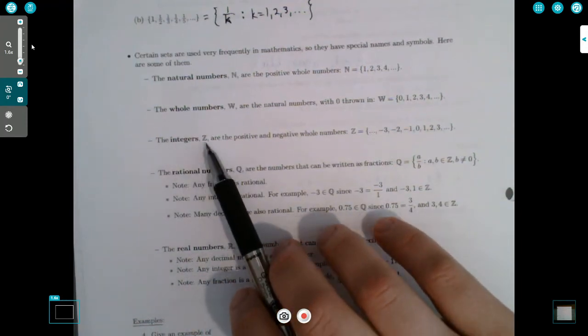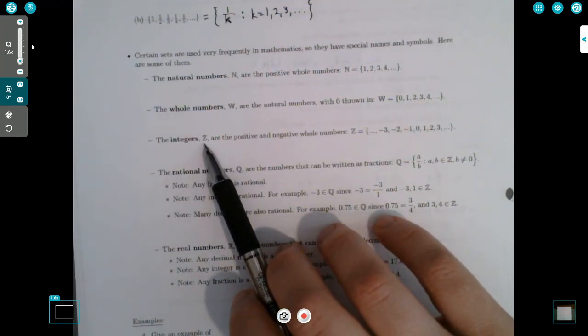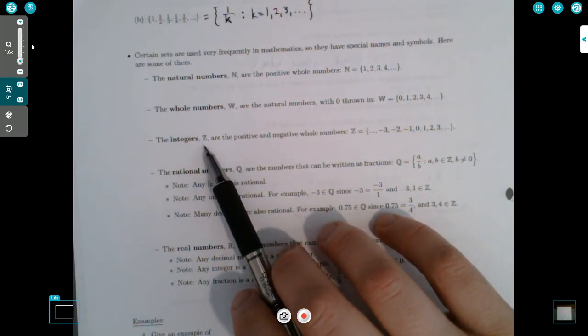The integers, they get this letter Z. Now, why Z? Because it comes from German.